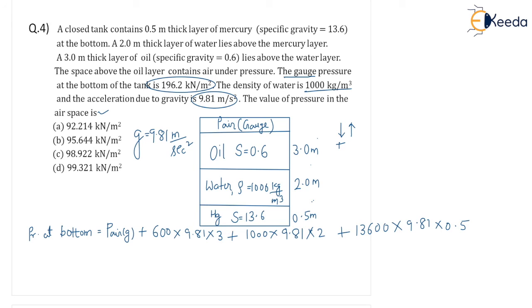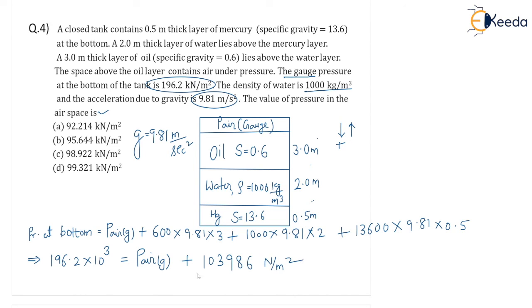Now what is given here? The pressure at the bottom is given data: 196.2 into 10 to the power of 3. I will write in Pascal, equal to P air gauge, which we have to find, plus the value of the remaining term. If you calculate, it is 103,986 Newton per meter square.